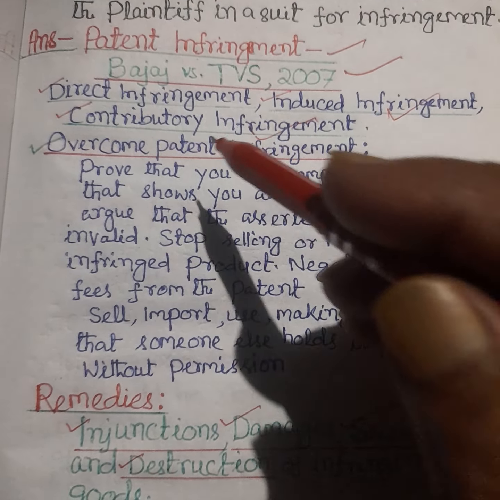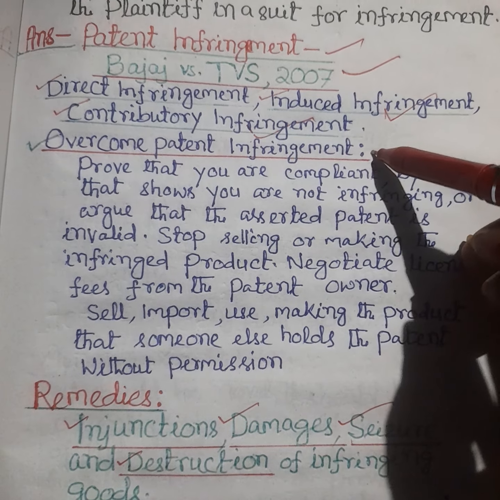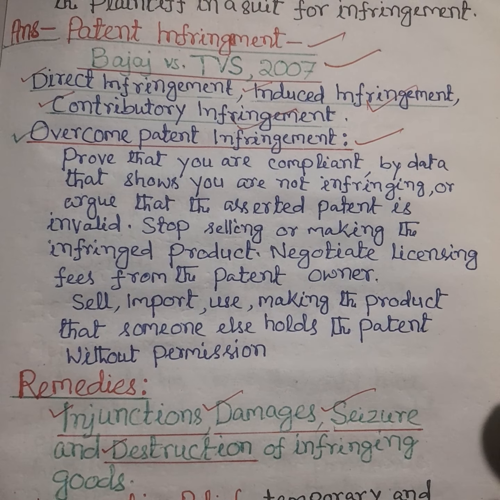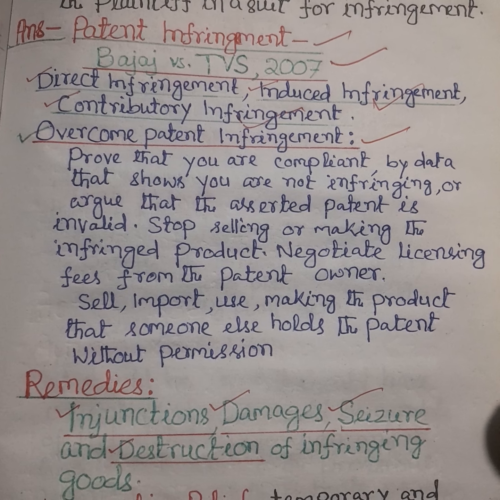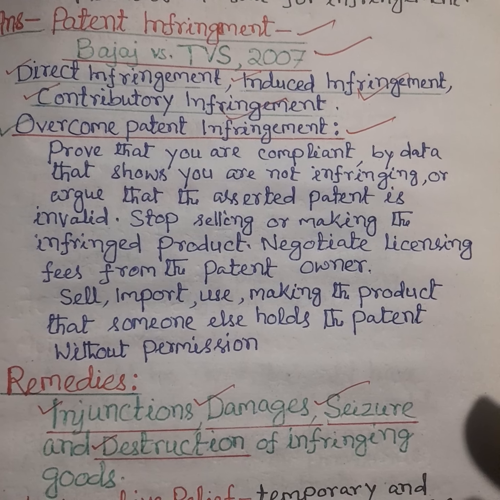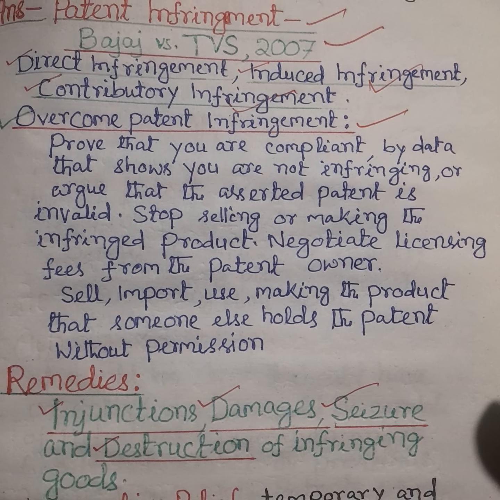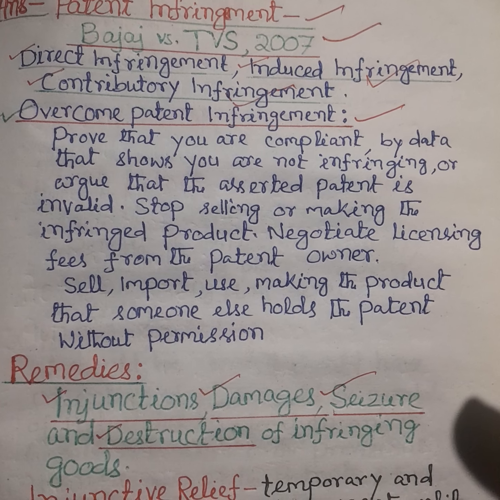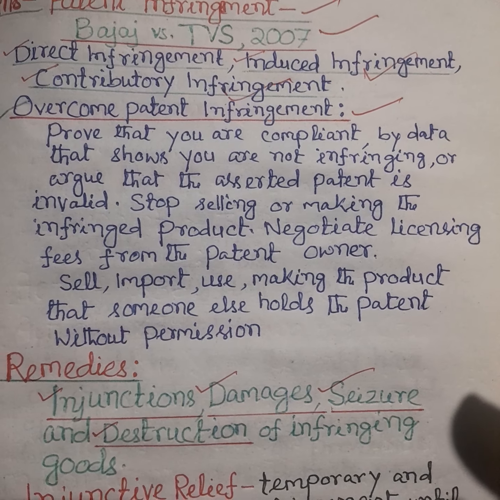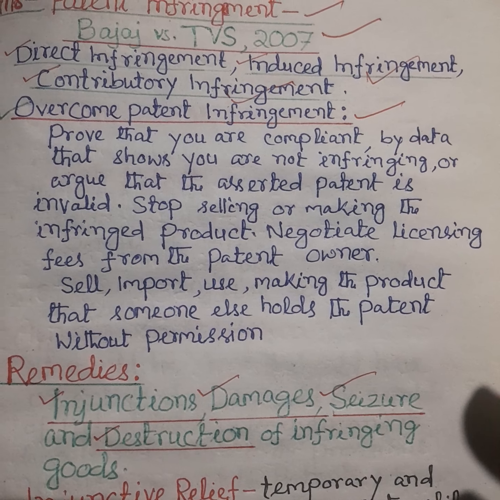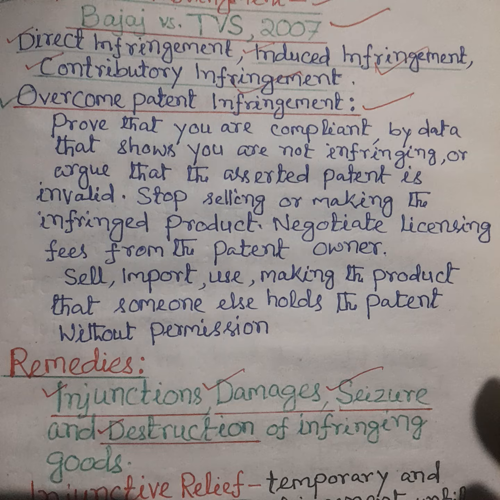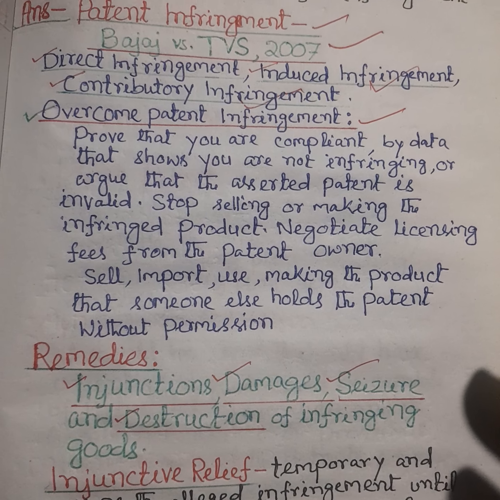And to overcome patent infringement, it means you have to prove by data that you are compliant and not infringing, or you can argue that the asserted patent is invalid.